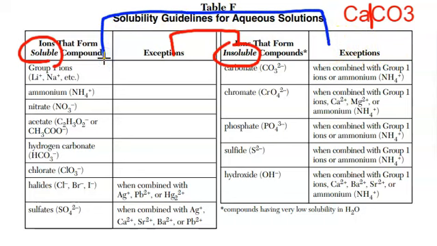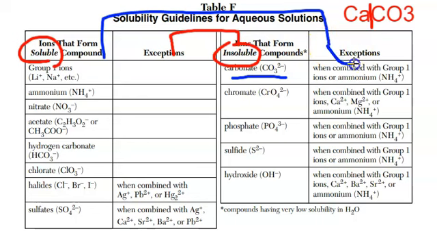Let's look for calcium ions first. Calcium's +2. I'm looking in the first column. I don't see any reference to calcium. I do as an exception, but that's calcium sulfate. That's not calcium carbonate. Now I move over to the third column. Here are carbonate ions. So carbonate ions in a compound formula are typically insoluble in water.